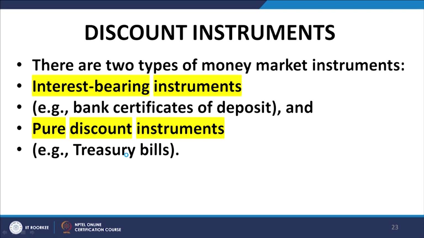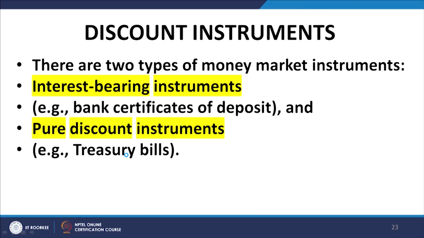I repeat, the instrument is issued at a discount to face value and is redeemed at face value. So, basically the difference between the issue value, which is at a discount to face value, and the face value, which is the value at which the instrument is redeemed, constitutes the return to the investor.